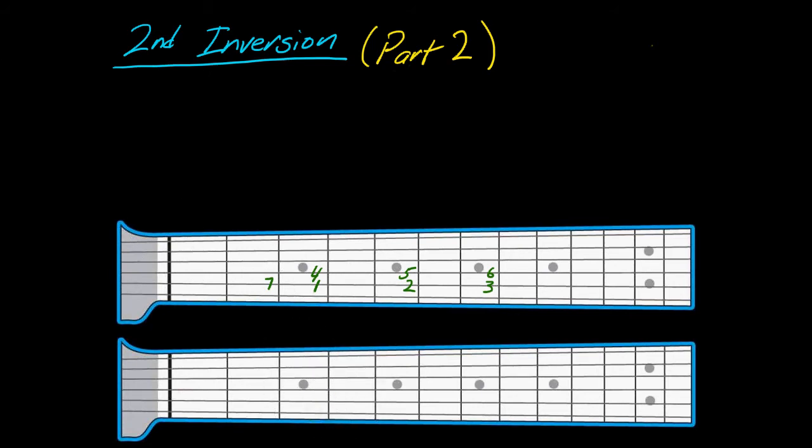Now, if you go to the 2 chord, remember 2 is a minor, but with second inversions, there's no difference between a major and a minor. The only difference is for a 7 chord, which is a diminished. So the second chord, the same rule applies.